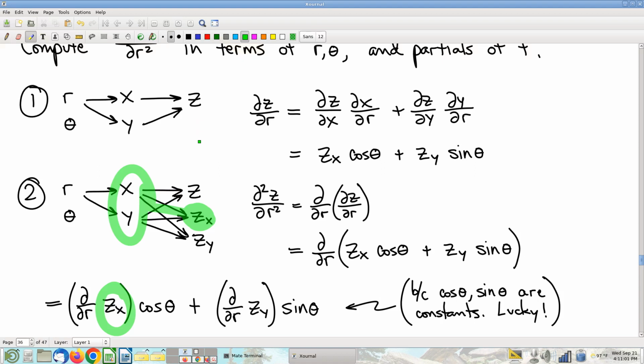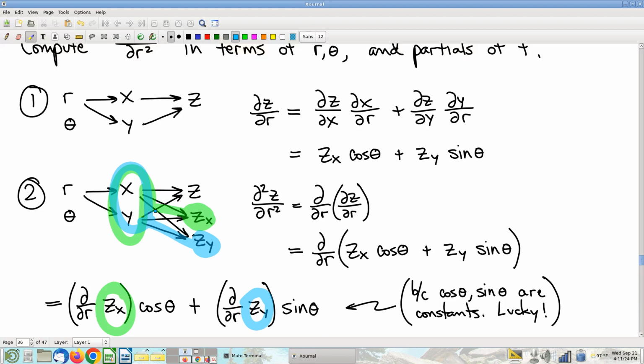We need to see where it is on the diagram so we can see how it participates and how it might connect to other things. So I'm appending the diagram. And then likewise, this ZY thing. What is ZY? Well, it's also a function of x and y, just like Z was. So ZY, also a function of x and y.